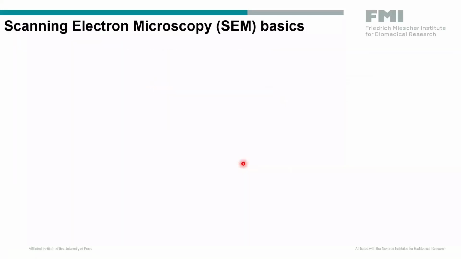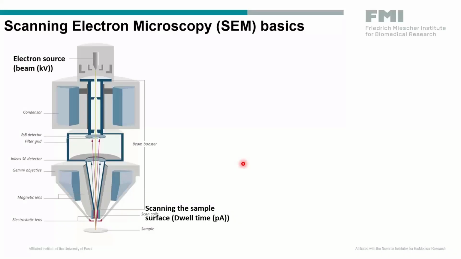Before we go on with examples of imaging with scanning electron microscopy, let me give you a brief overview of the basics of how a SEM works. So you need the electron source, which is on the top of the SEM.